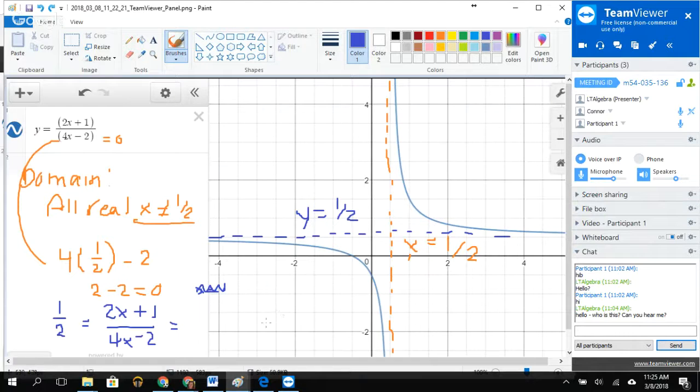Okay. Sorry, I was saying that wrong. You can see on your graph that y cannot equal 1/2. When y equals 1/2, we have this asymptote. And you see in our graph, the bigger and bigger the number is, the closer it gets to 1/2, but it can never quite get to 1/2. So let's pick a big number like x equals 100 and see what happens when I plug that in.